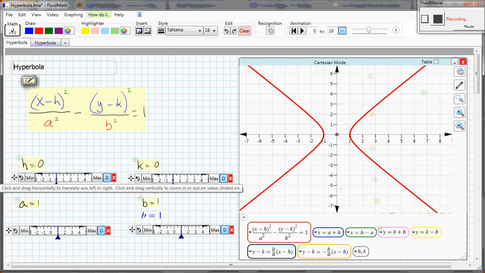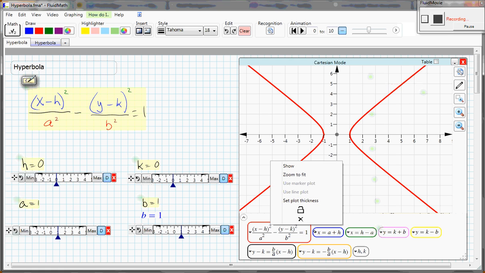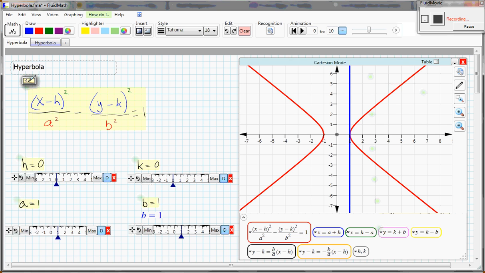One of the ways to think about this is if you go a to the right of the, not the vertex, the center, you can show a right boundary, that's the distance of a to the right of the center.